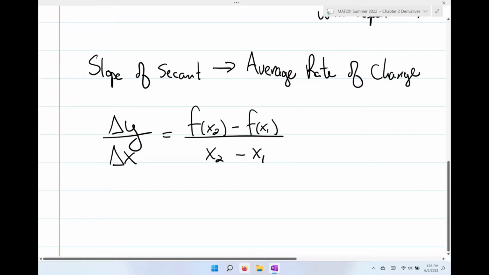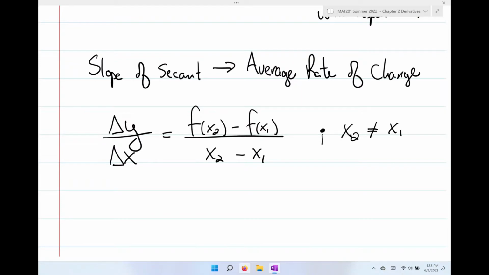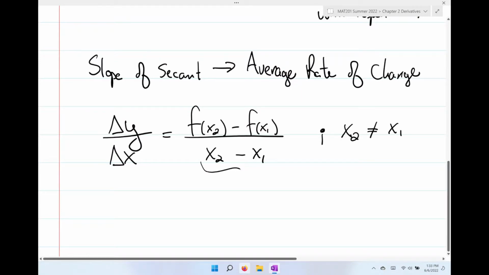Now, hopefully, in the past, you've had a teacher that also wrote this. We need to be very careful because x2 is not allowed to equal x1. That is because if x2 equals x1, that denominator is going to equal 0. And you and I both know we cannot divide by 0, that's undefined, okay?